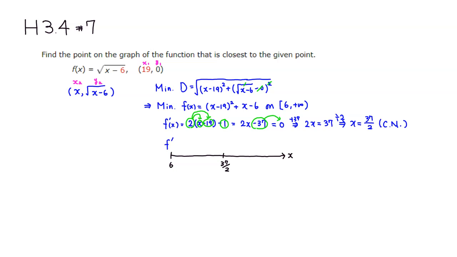For a sample number between 6 and 37 over 2, x equals maybe 10. x equals 10 is bigger than 6 and smaller than 37 over 2. For anything bigger than 37 over 2, say x equals 20.